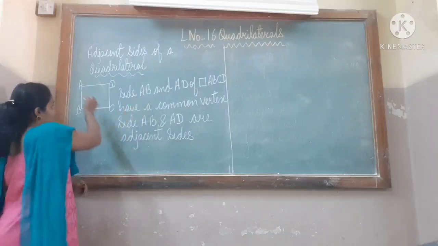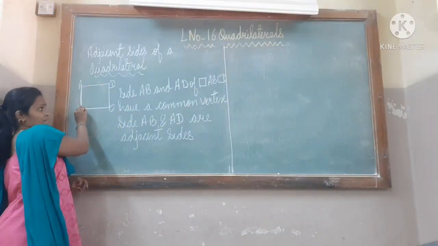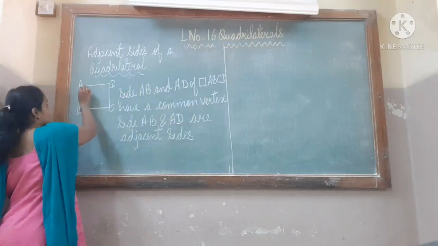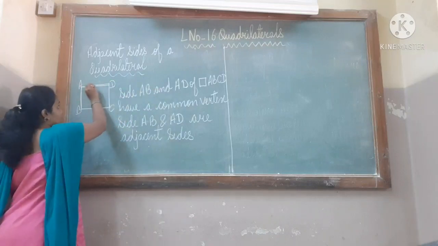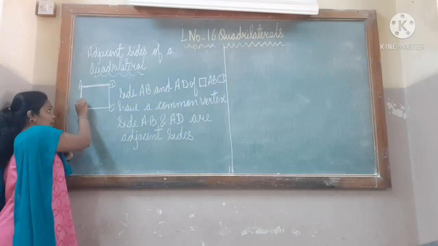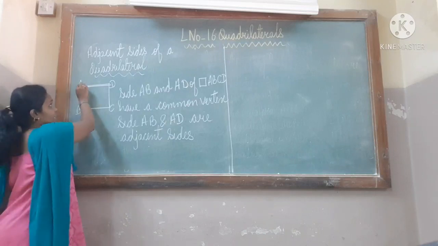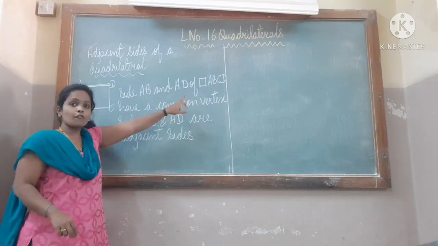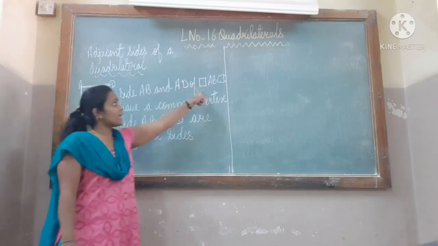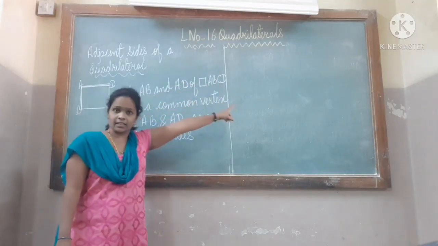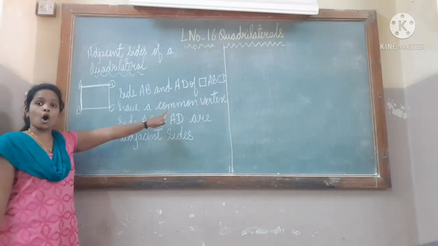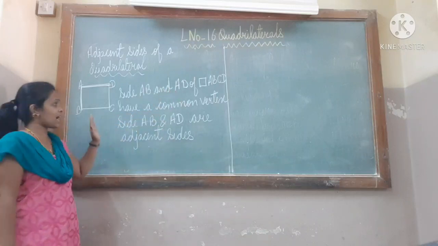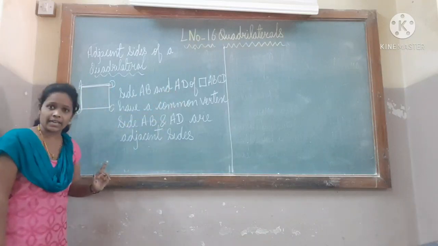Side AB and side AD of quadrilateral ABCD have a common vertex. They are having the common vertex.